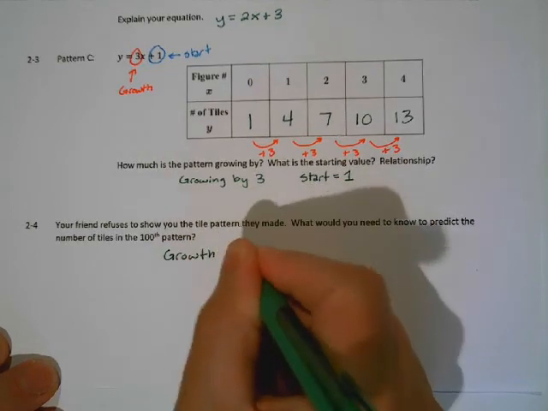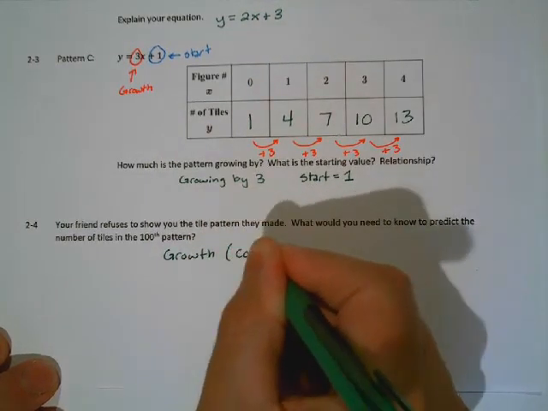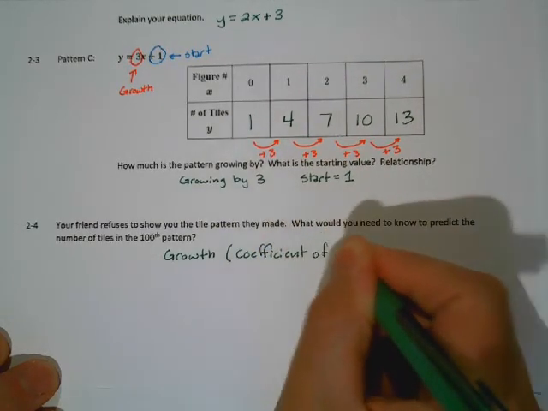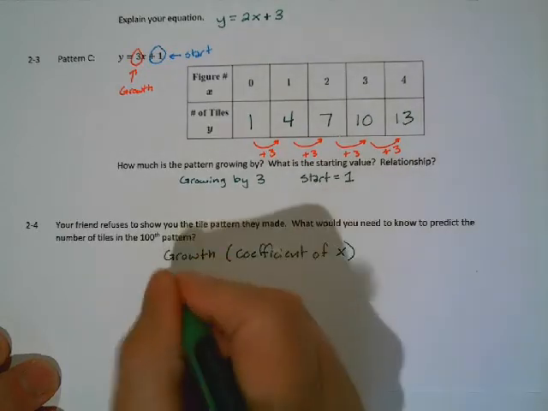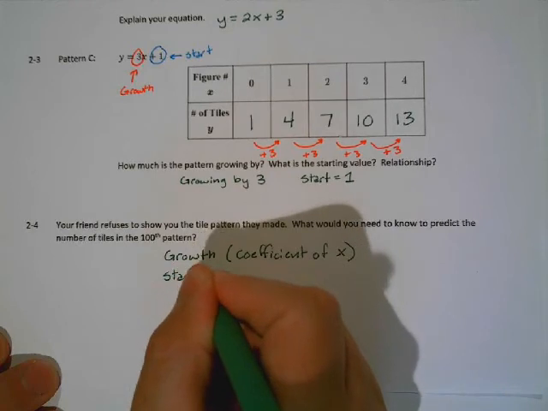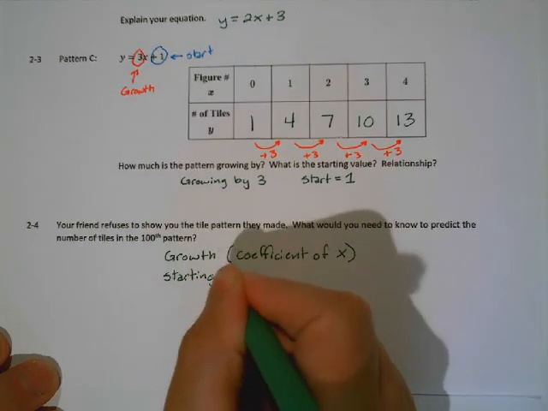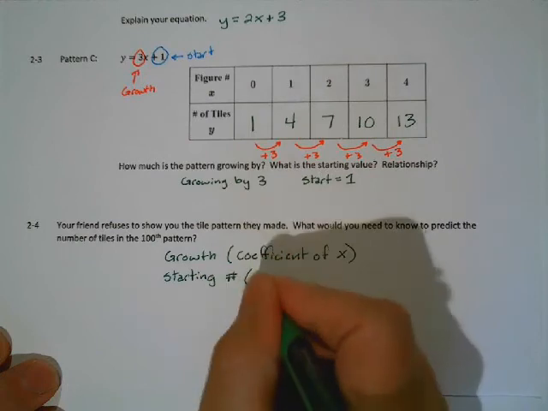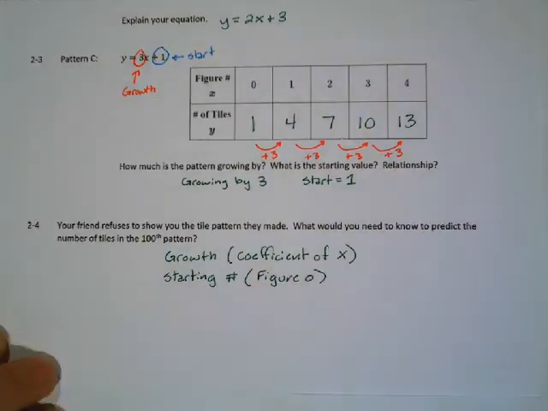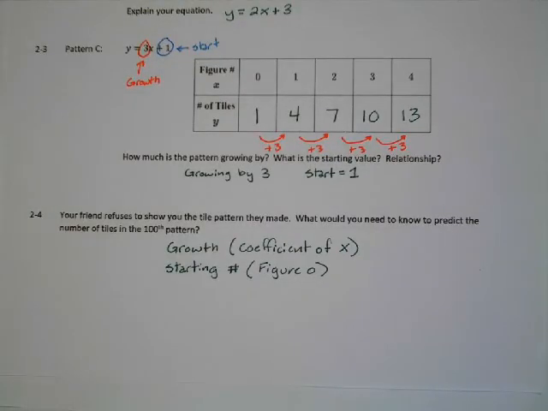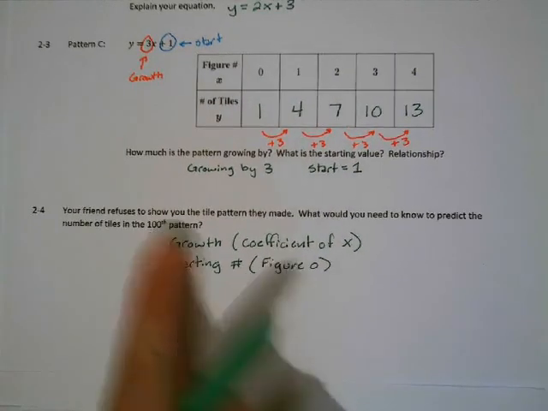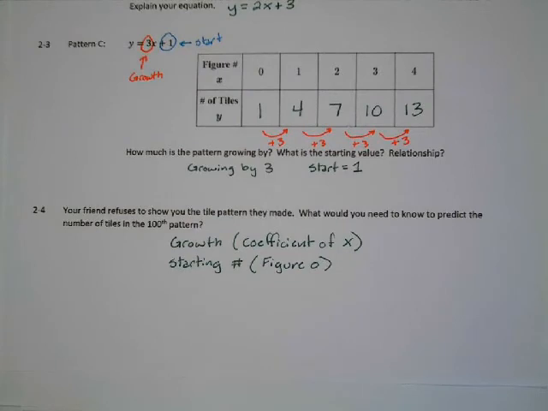So if we know what the growth is, which is the coefficient of x, and if we know what the starting number is, which is figure 0, we can find out how many tiles there would be in 100, because all we would have to do is multiply the growth by 100 and then add the starting amount to get to their 100th pattern.